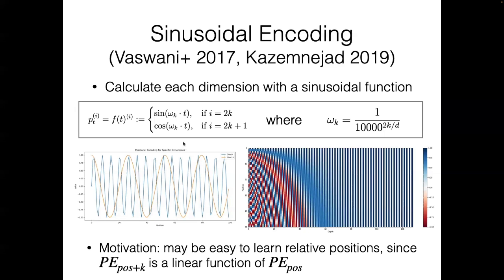The equations have both sine and cosine of omega times t, right? So they fluctuate the same way, if one is cosine and one is sine. So you also vary this omega. And what is k there?